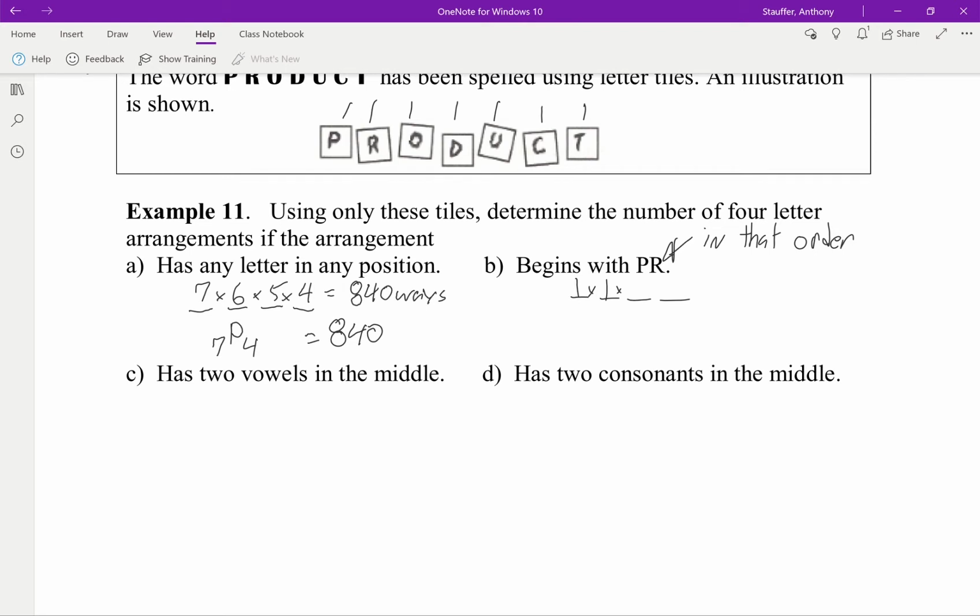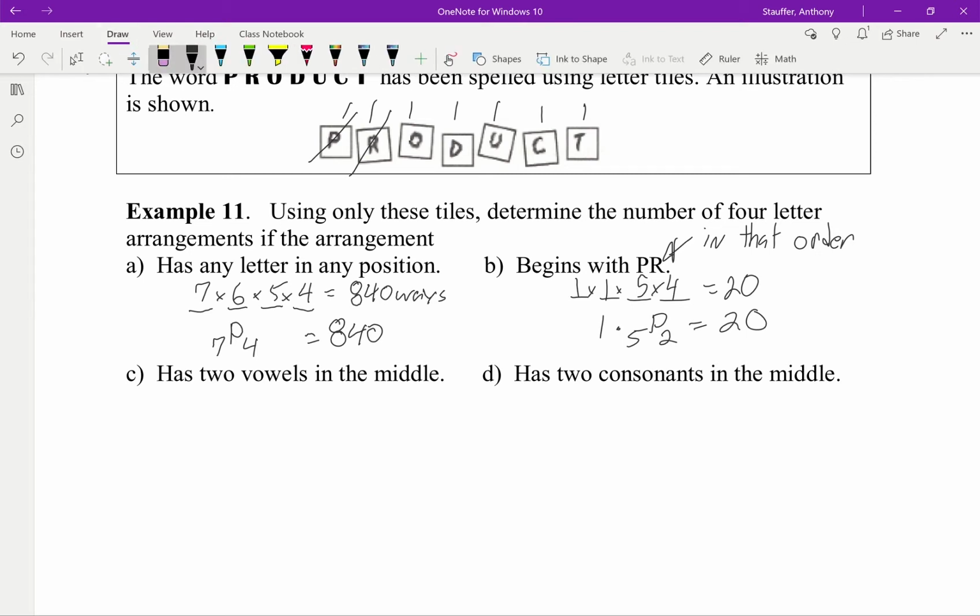And then from there, if I've struck off the two letters, I have 1, 2, 3, 4, 5 left. So this would give me 5 times 4, which would equal 20. Or subsequently, I could look at this as 1 multiplied by 5P2. Now again, you completely have your choice on this one.